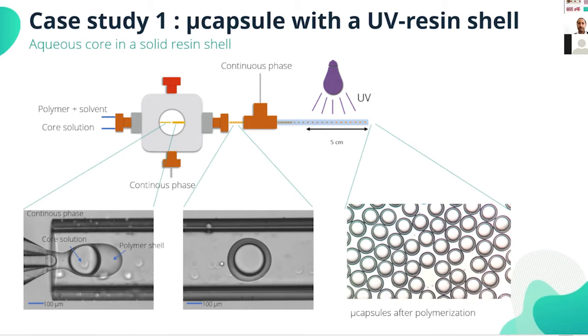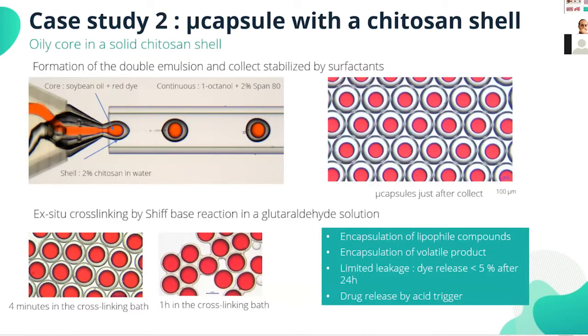In the next example, we produce hydrogel microcapsules with a chitosan shell, 2% in water, and an oily core. In this case, the core is soybean oil with a red dye to increase the contrast between the phases, and the continuous phase transporting the droplets in the output capillary is octanol with Span 80 surfactant.